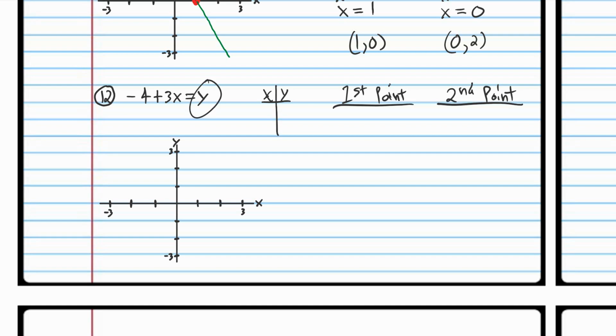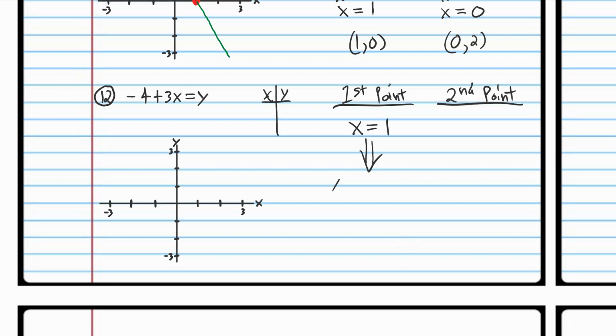Y is isolated, so let's plug in the x value first. Now here's a situation where if we plug in 0, we're going to get -4 for y, but we can't plot that on our coordinate system. So we're going to have to choose something different. Let's try choosing 1 for x.